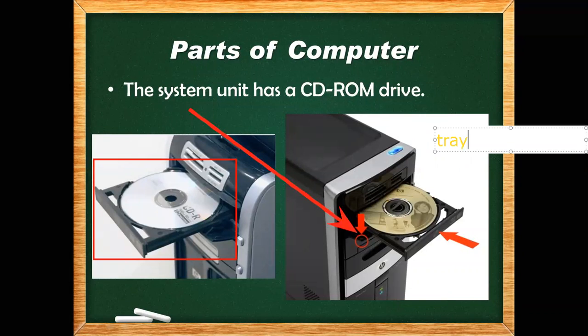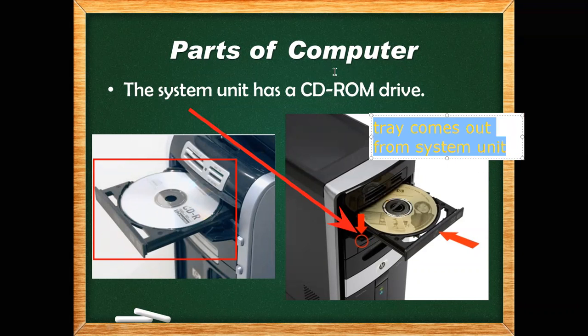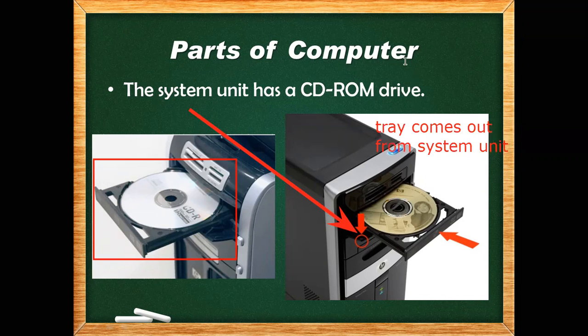So it's a tray that comes out from the system unit. What happens when you press the small button of the system unit?